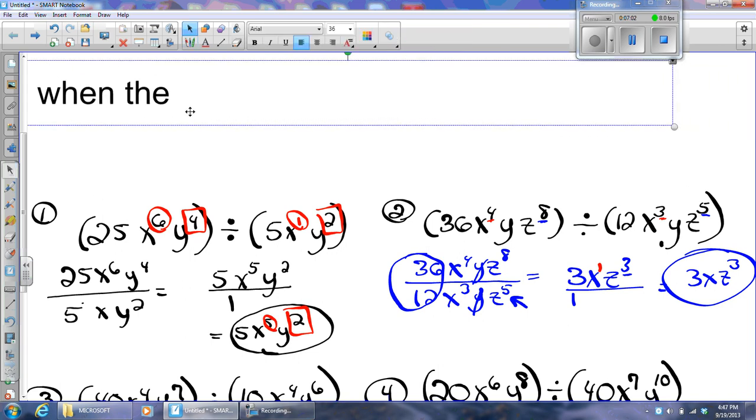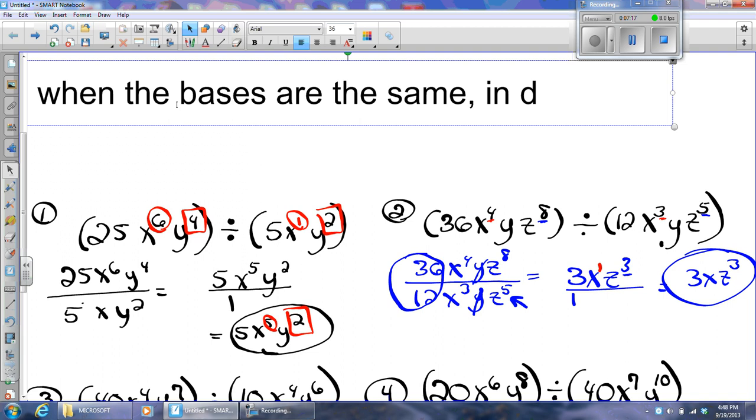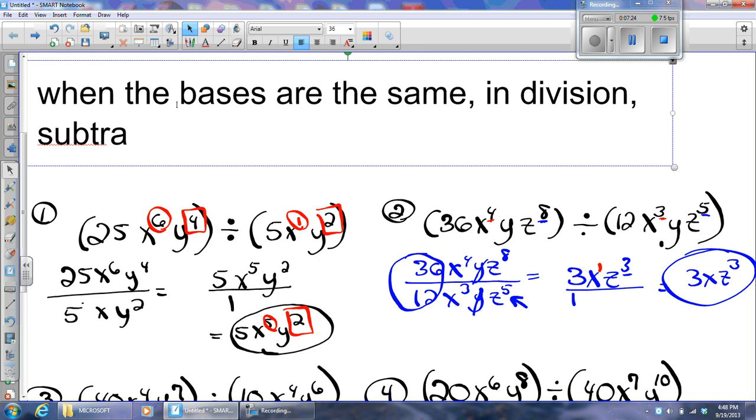So when the bases are the same in division, you subtract the exponents. When the bases are the same in division, you subtract the exponents. Remember, when the bases were the same in multiplication, you added the exponents.